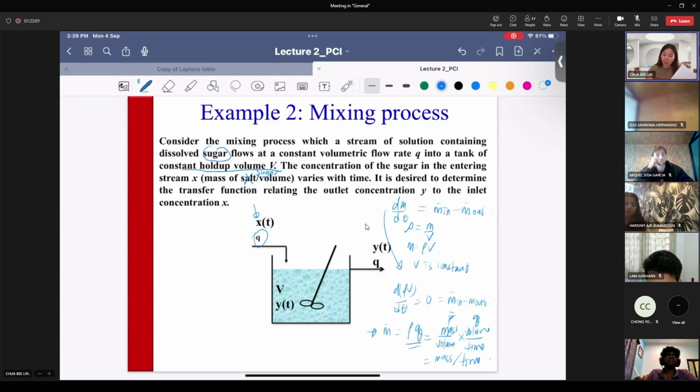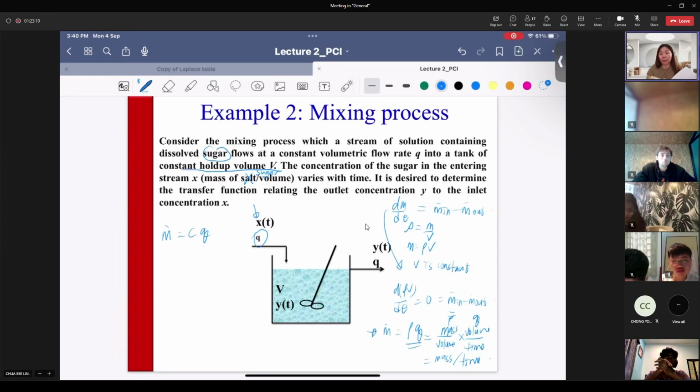But in this example, density is not stated. So your mass rate, you should relate to concentration, C, multiplied with the volumetric flow rate, Q, because the parameter given is the concentration instead of density.